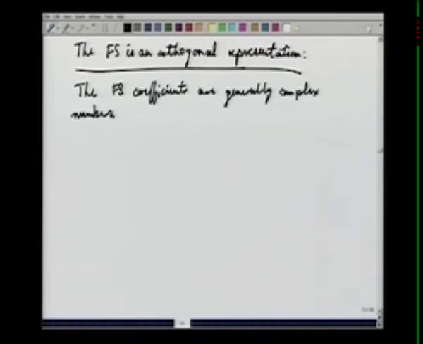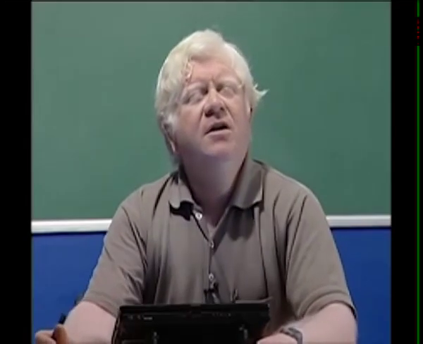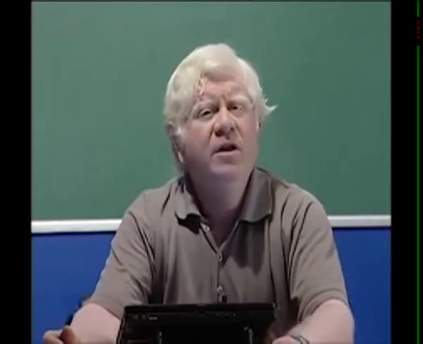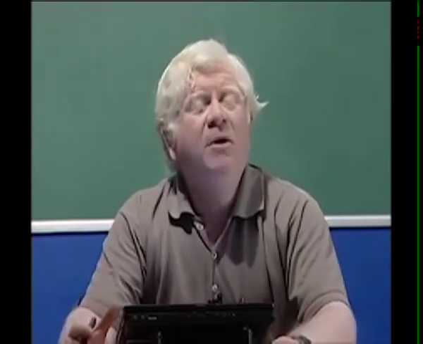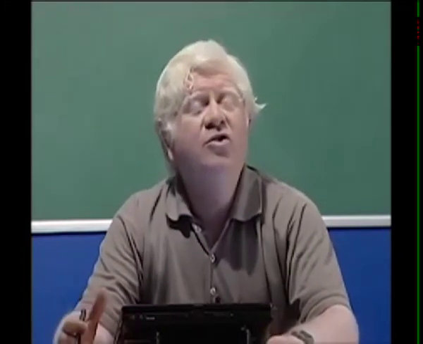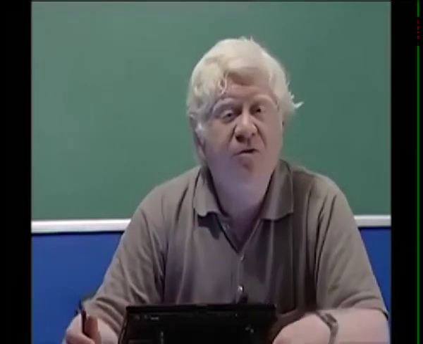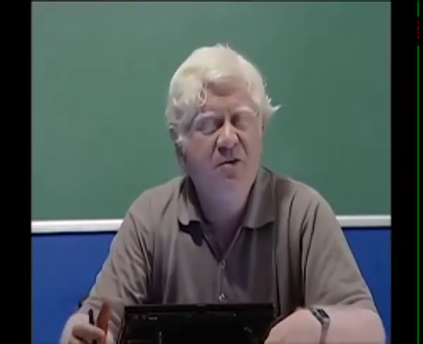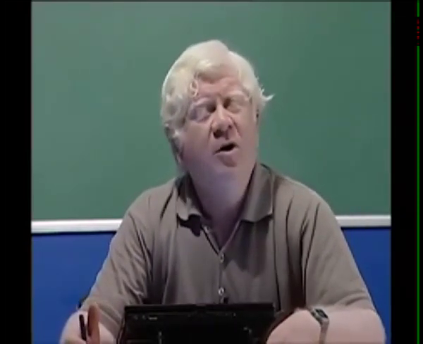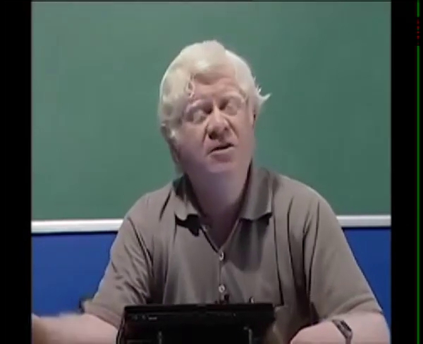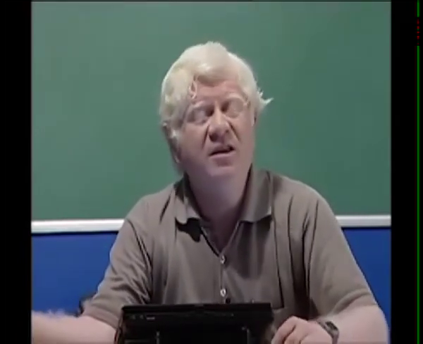They are generally complex numbers, and because they are complex numbers, we will have to see how, when these complex weights are used to generate a combination of the preserved functions, the basis functions, it is possible to construct a real function of time x t. Suppose x t is real.